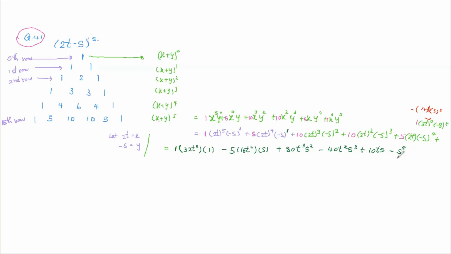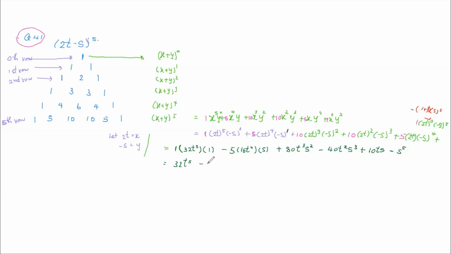So times this. Okay, now we have 1, 2, 3, 4, 5, 6 terms. Okay, now we simplify to the final answer. So 1 times this is going to be 32t power 5. And then this one, 16 times 5, what do we have? 16 times 5.